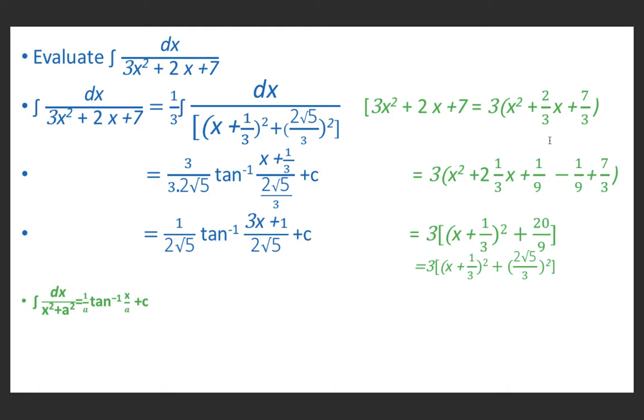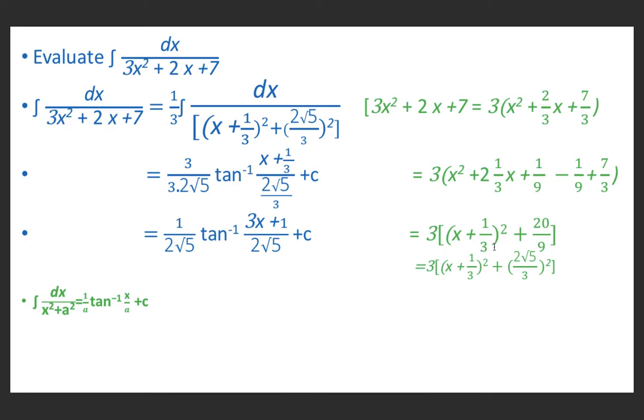So we have added and subtract the square of the coefficient of 2x, which was 1 upon 3. So x square plus 2 into 1 upon 3 x plus 1 upon 9 is x plus 1 upon 3 whole square, and minus 1 upon 9 plus 7 upon 3 is plus 20 upon 9.